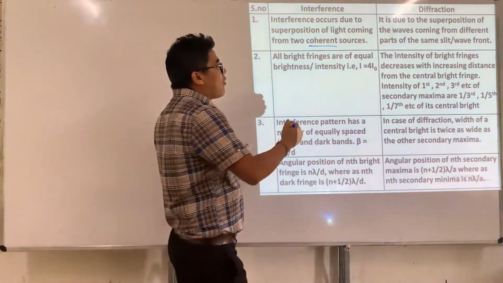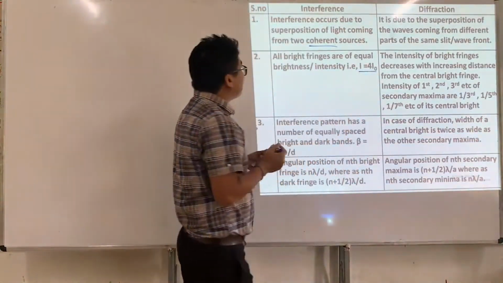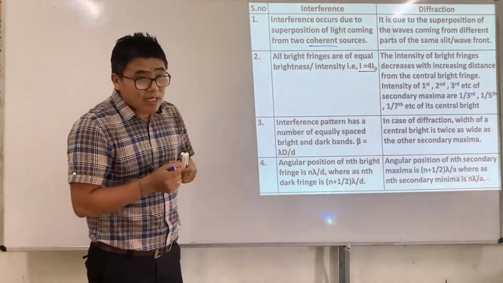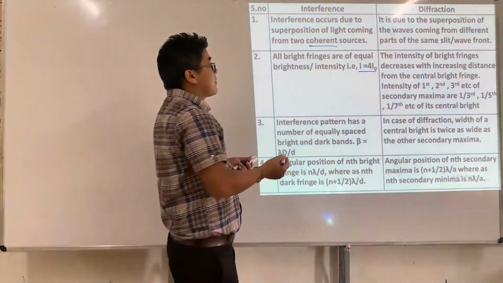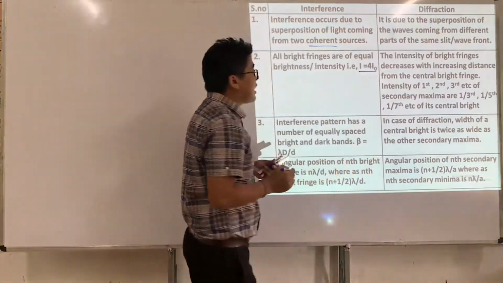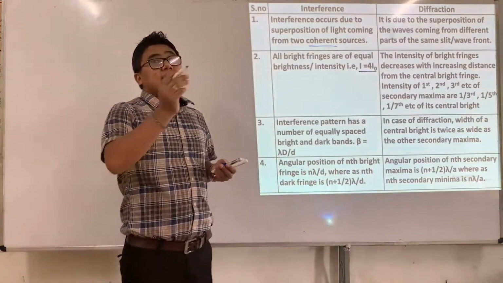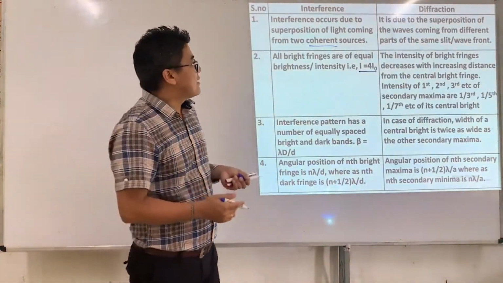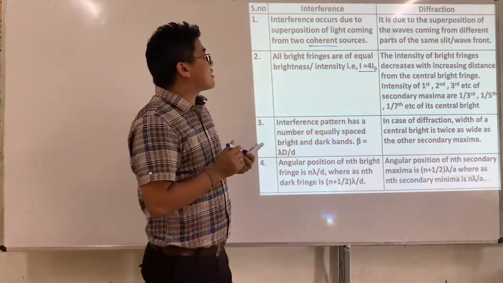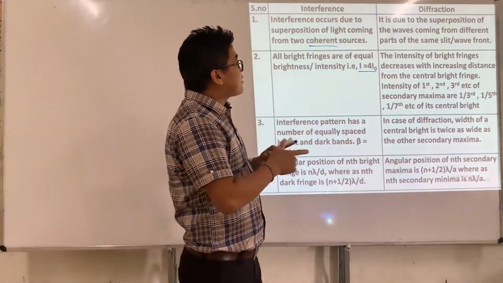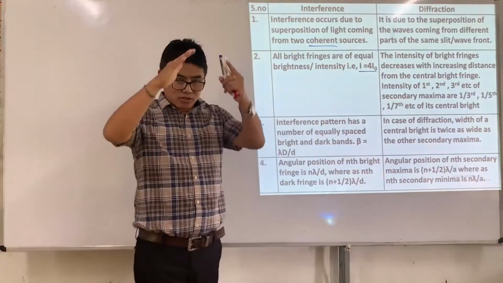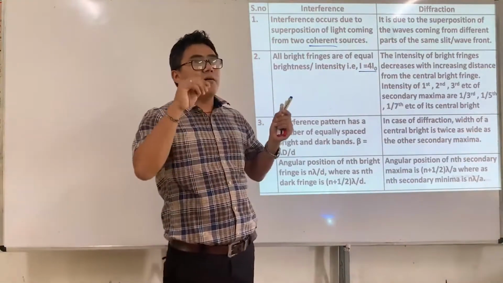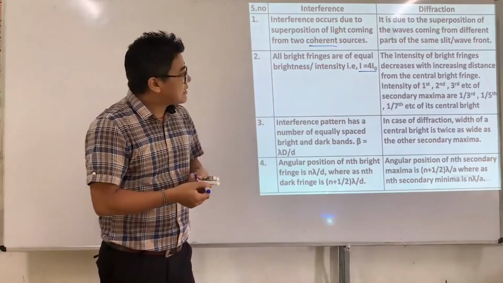The intensity of the central bright and the other bright fringes of constructive interference are equal, and the intensity is I equal to 4 times the intensity of light from each slit. However, in case of diffraction, the center is the brightest. The central bright is the brightest, that is 4 times the brightness of individual light.